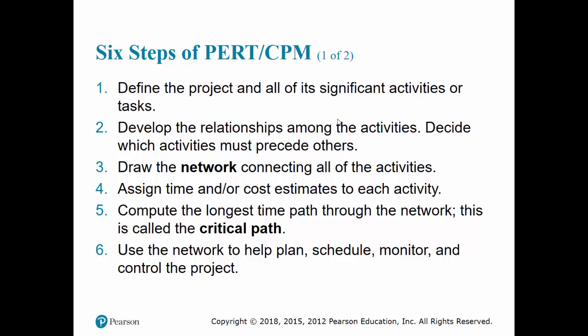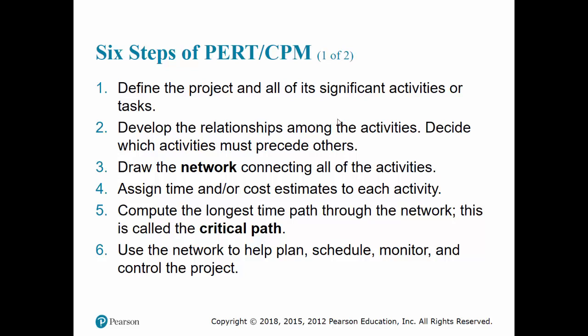There are two ways in which these networks can be built. One is called the activity-on-arrow convention, where activities are represented by arrows. The beginning of the arrow, with a circle, is a node. The node represents the events of start of an activity and ending of an activity.